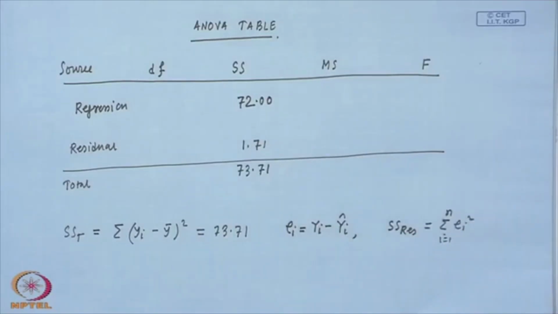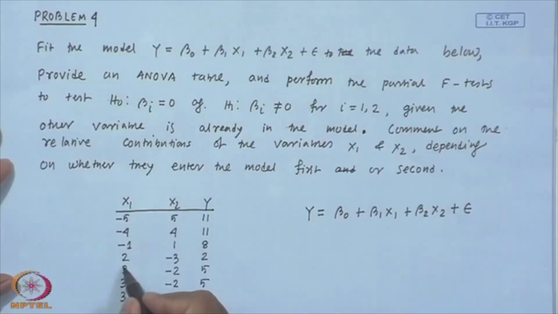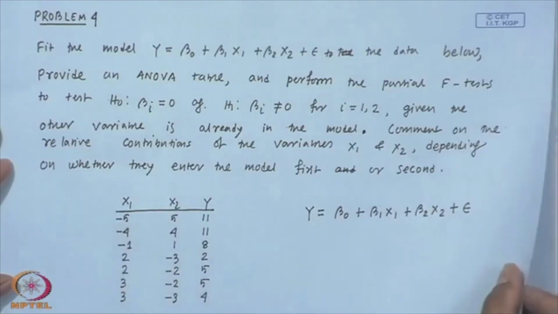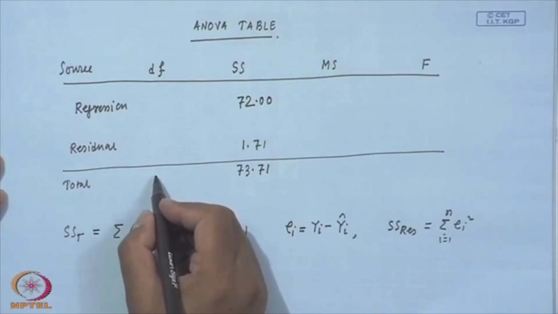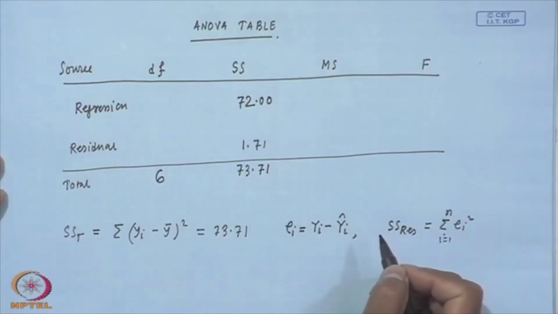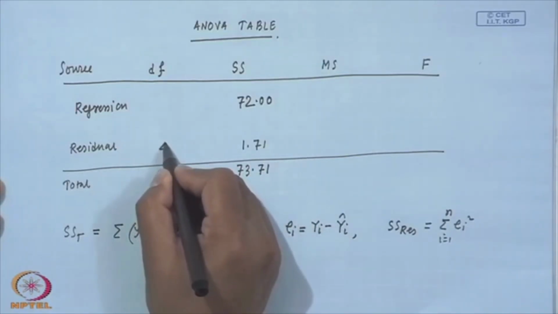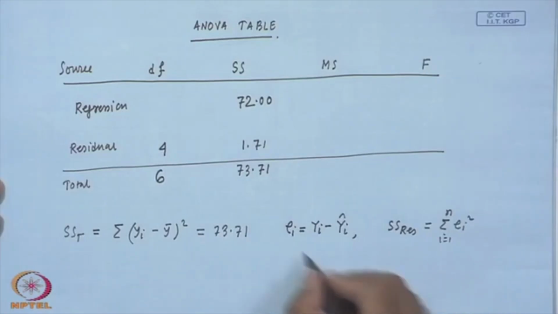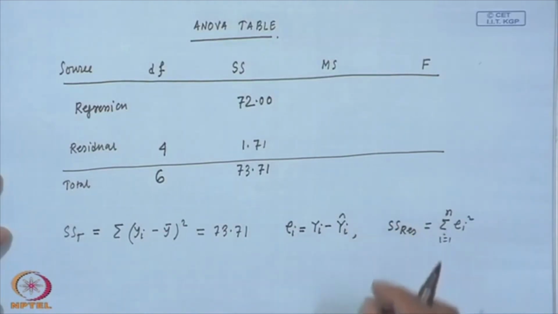Now, here is the problem. How many observations do we have? We have 7 observations. So, the degree of freedom for SS total is 6, and then the residual degree of freedom would be 4, because there are 7 ei's and there are 3 restrictions because of 3 parameters.